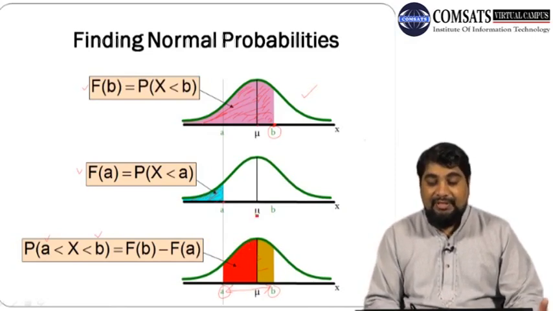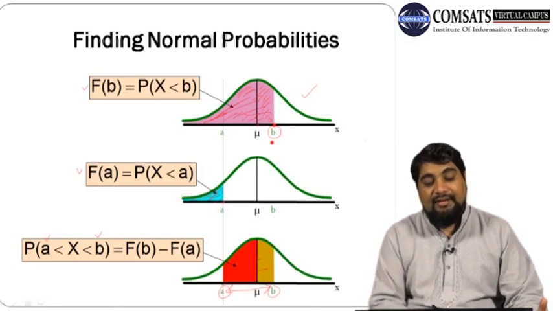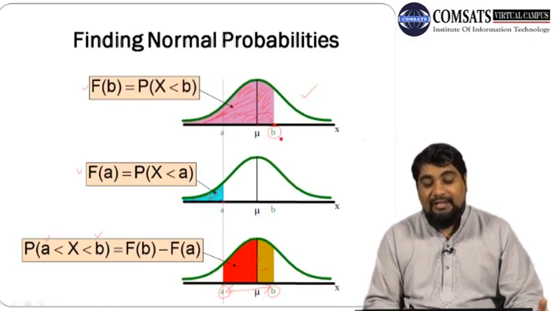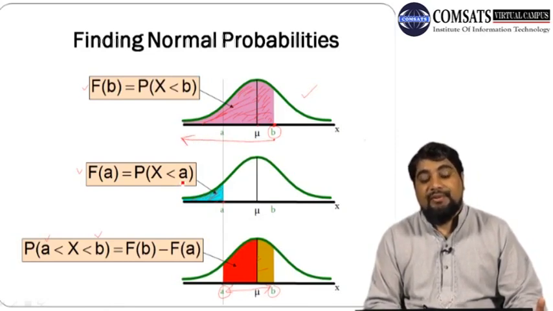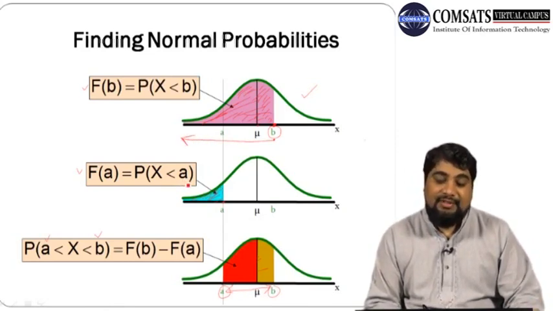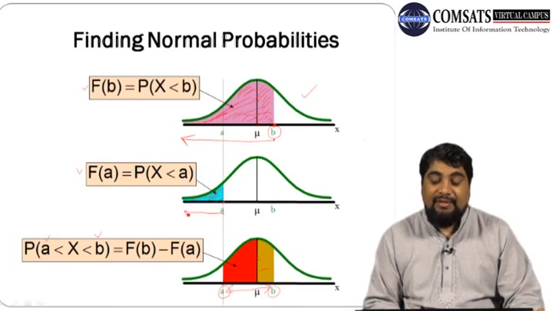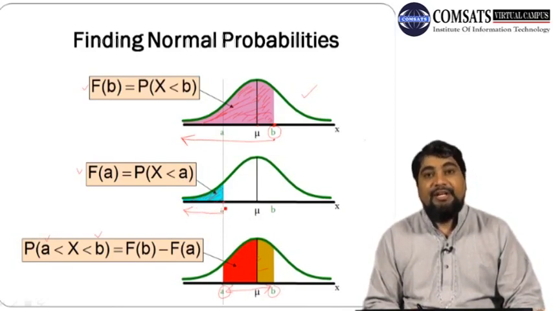Note that the CDF at point B gives us all the area which lies to the left of B, so it gives us this full area. And the CDF of random variable x at point A gives the area to the left of point A.